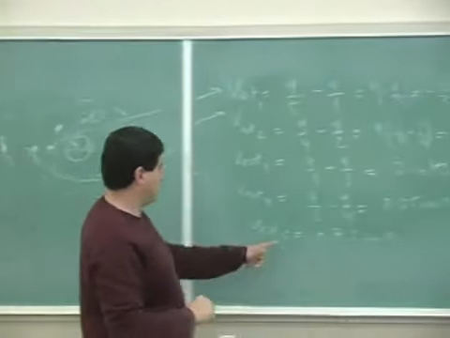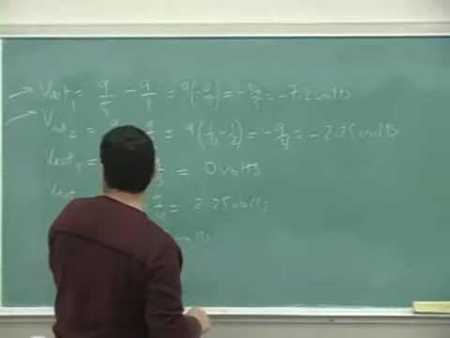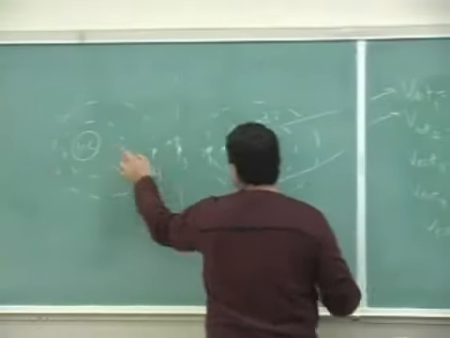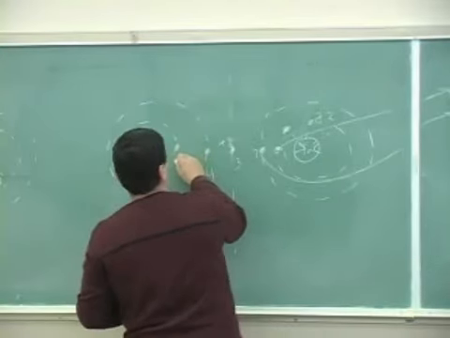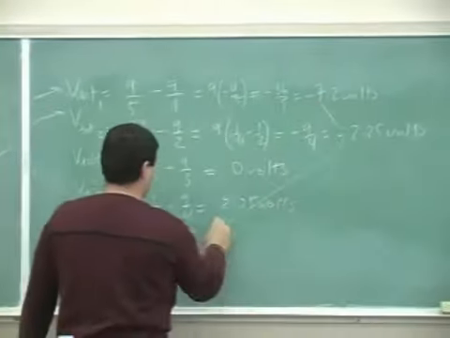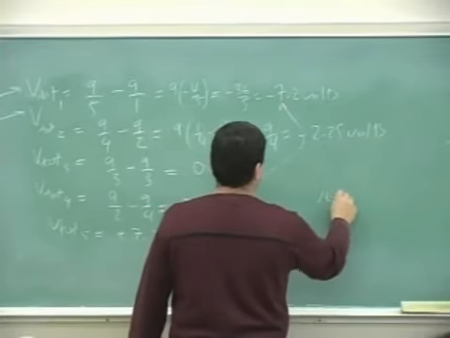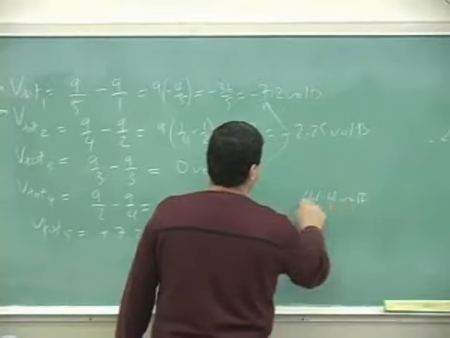Now, if you really look at it, the difference between the potential of this point and that point, the difference of the potential between these 2 points became 14.4 volts.